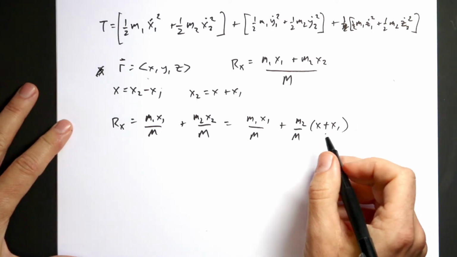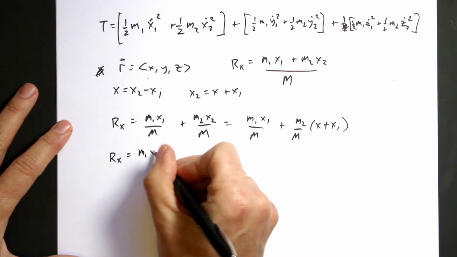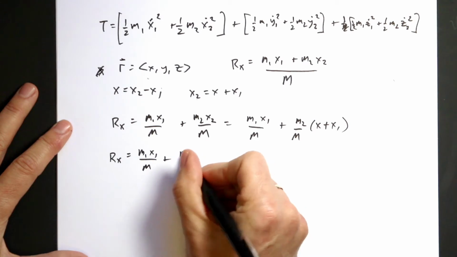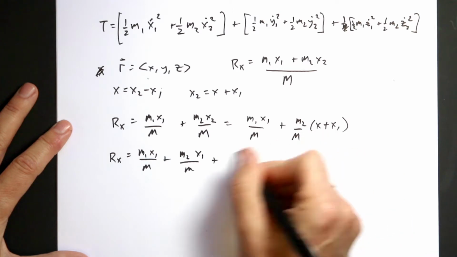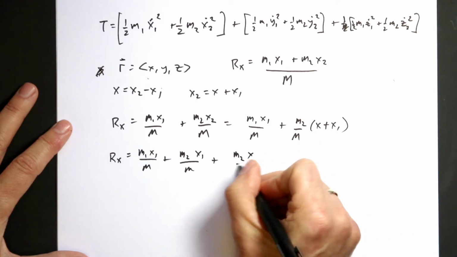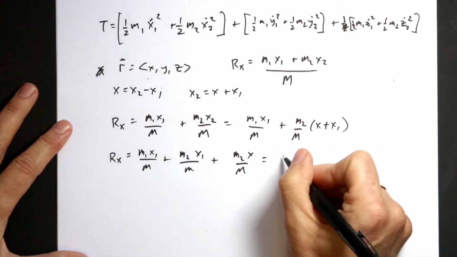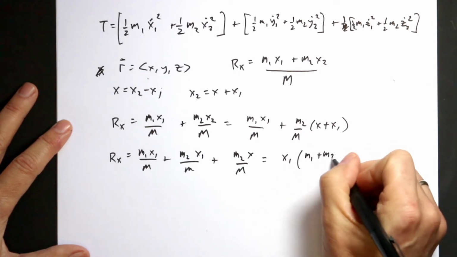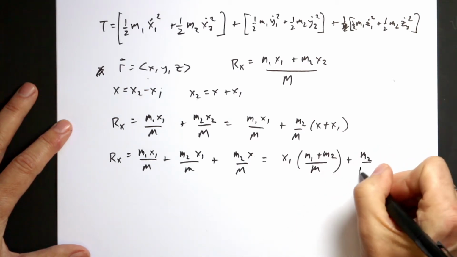So this gives me Rx equals m1 x1 over M plus that other term over here, which is going to be m2 x1 over M, and then I have plus this final term of m2 x over M. So I can factor out the x1, and I get x1 times (m1 plus m2) over M plus m2 over M x.